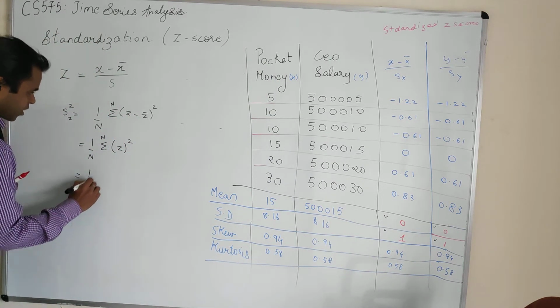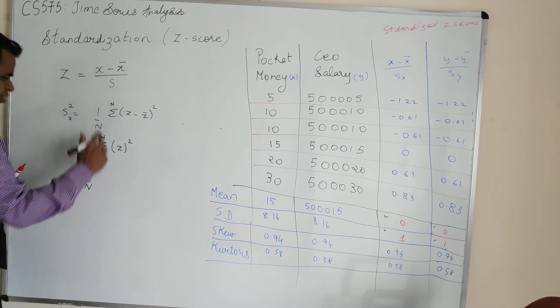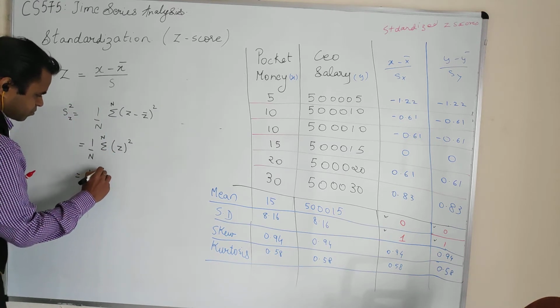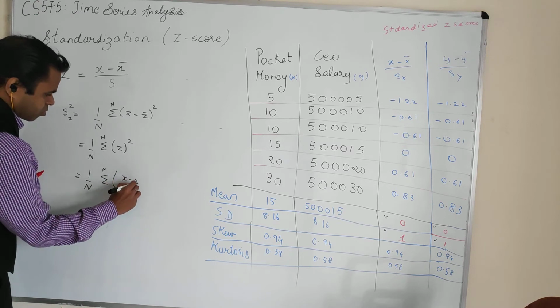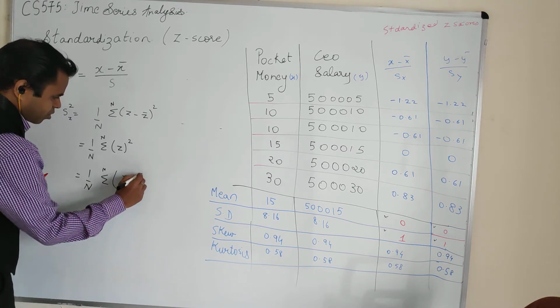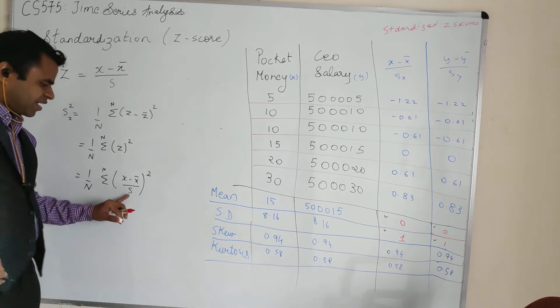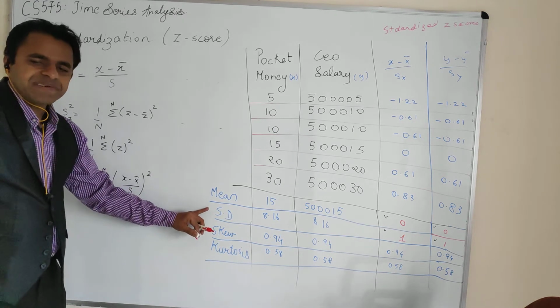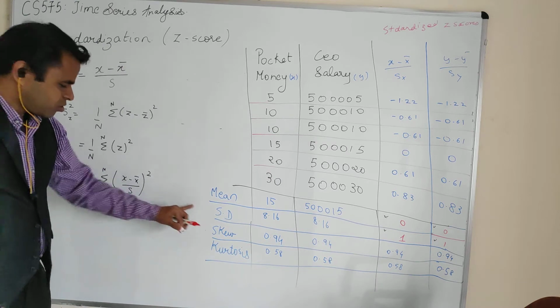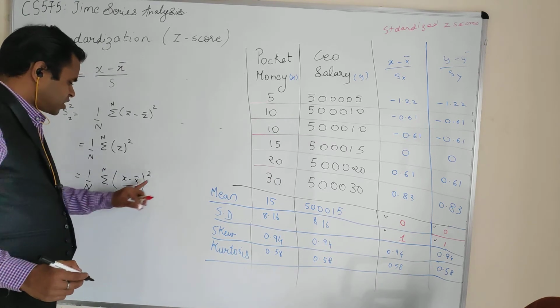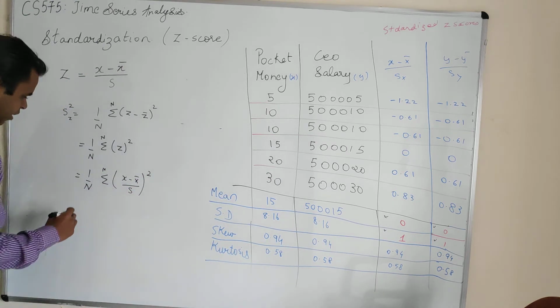Now again I am replacing this z by this particular value. So I do the summation of n values of x minus x bar upon s, the whole square. Again, as I said, s is a constant, the standard deviation is always a single constant value. So by the rule of summation, I can take this s square out of the bracket.